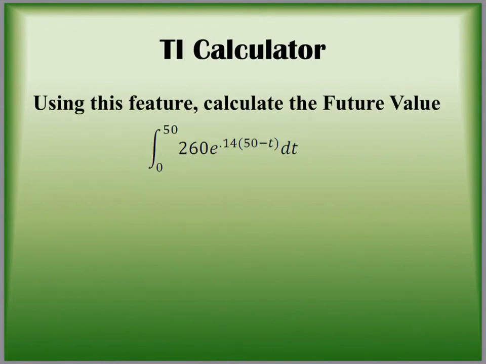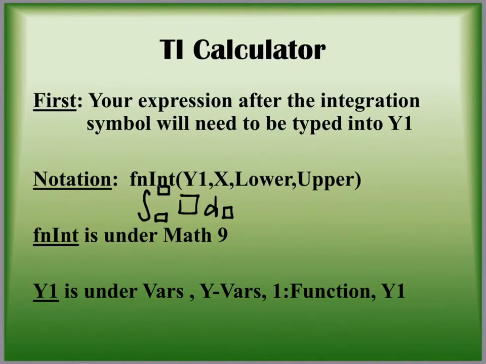Fabulous. Then you have to enter into your regular screen on your calculator. So exit out of the graphing part, back into the regular screen, and you're going to choose Math 9. Under Math 9, there's one of two different versions. Either your version will come up with this FNINT, or it will come up with this notation down here.